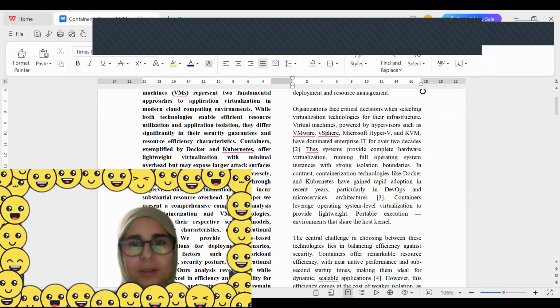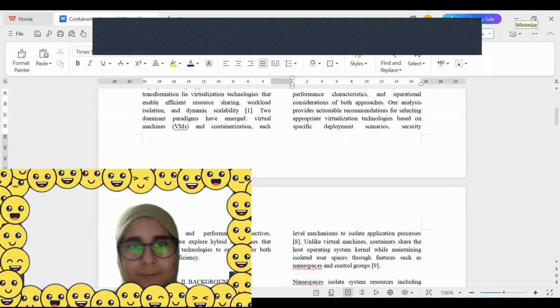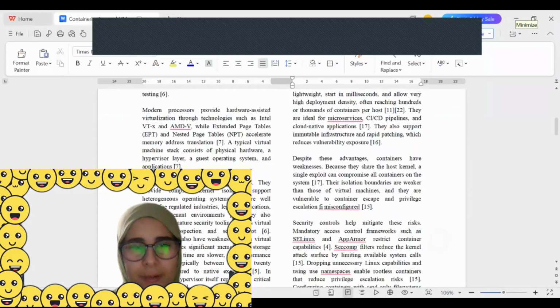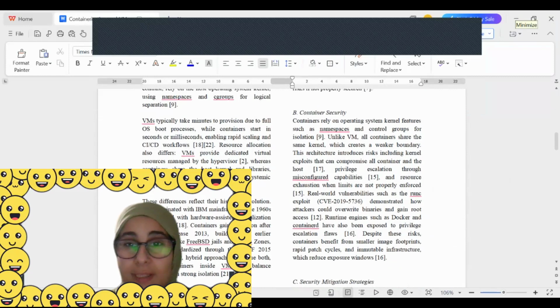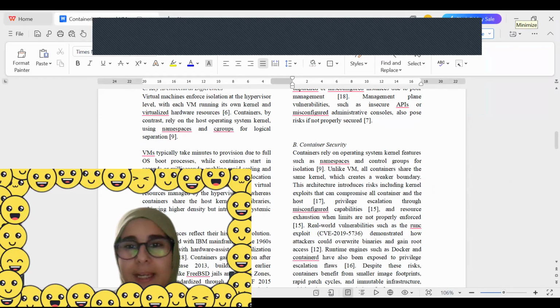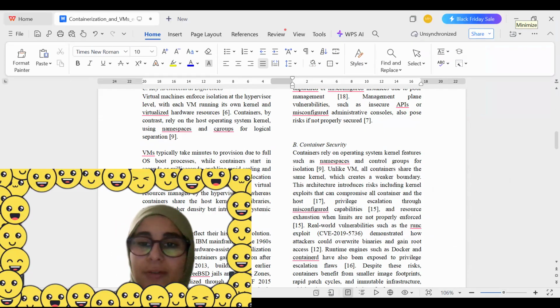So, guys, over here that was our report: introduction, background, and so on. As we go, container security. Here it talks about containers. A container relies on operating system kernel features, namespaces and control groups for isolation, not like virtual machines.